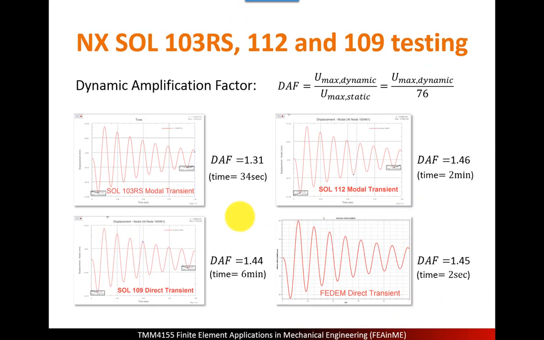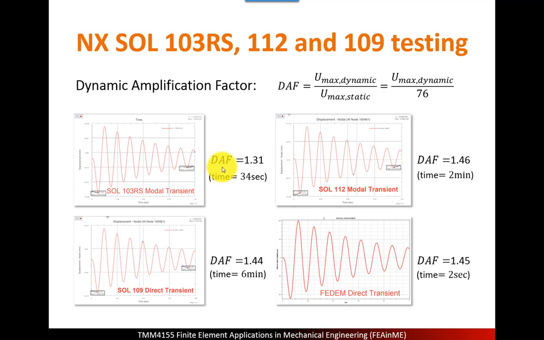Here is a summary of the results. The dynamic amplification factor is the maximum peak displacement for the dynamic simulation divided by the static deflection when you load the suspension with 2,940 newtons.